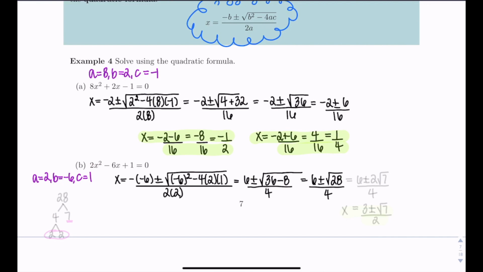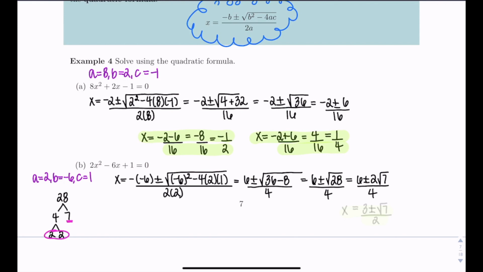Now 28 is not a perfect square, but we can simplify it down a little bit. So I'm going to use my tree method. So this breaks down into 4 and 7, and 7's prime. So we've got 2 and 2. So my pair of 2's gets pulled out, and my 7 will stay underneath. So I've got 6 plus or minus 2, square root of 7, all over 4.